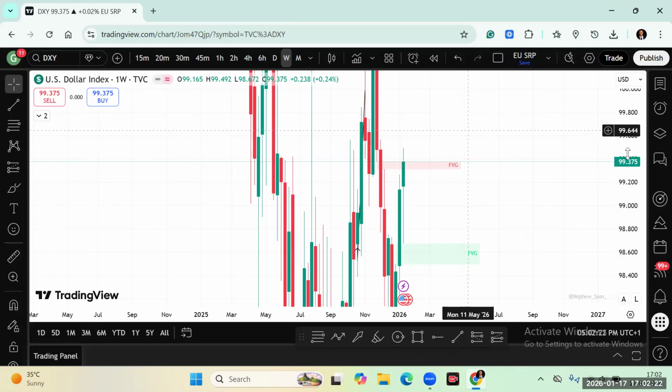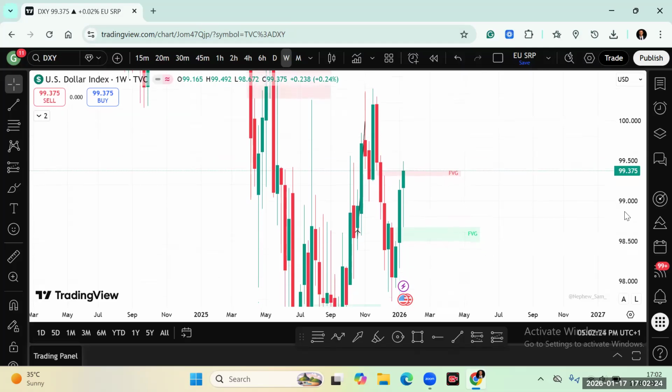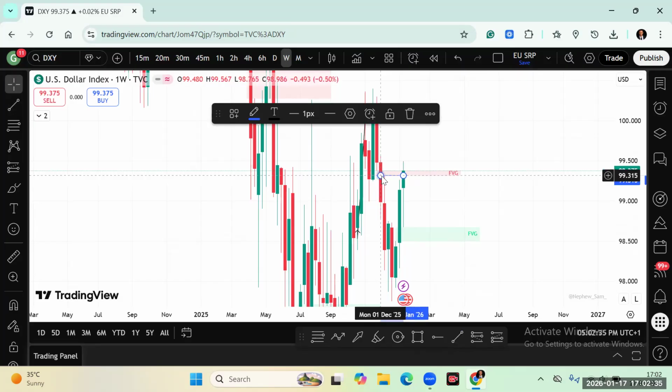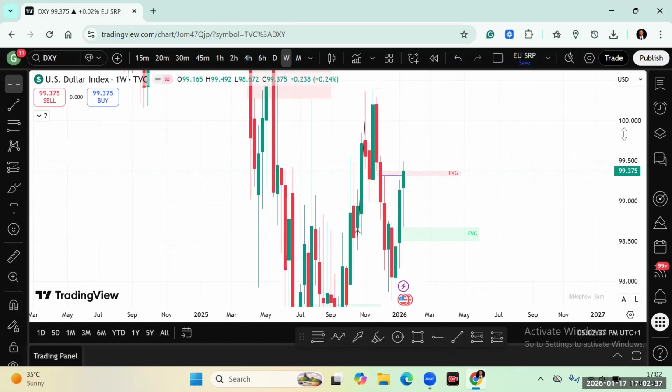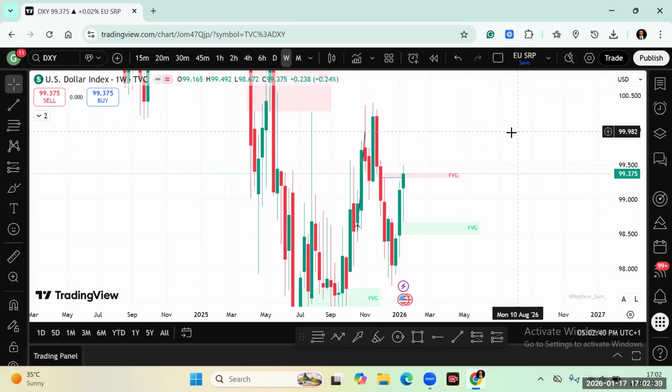The US dollar is going up. It's currently bullish, and it broke this resistance. It did RBS on the weekly time frame. I'm expecting it to get to 100 in the coming weeks.